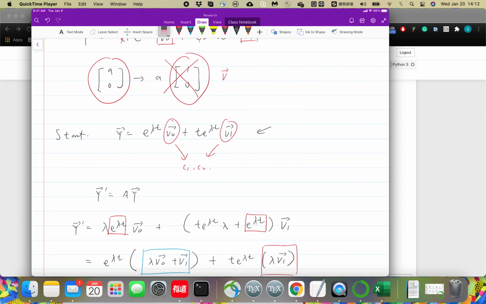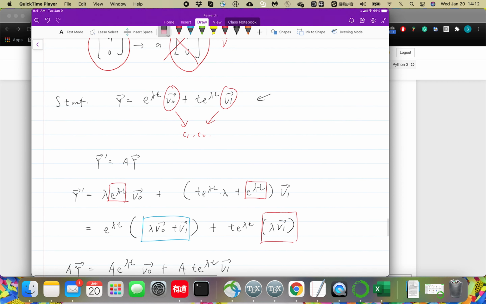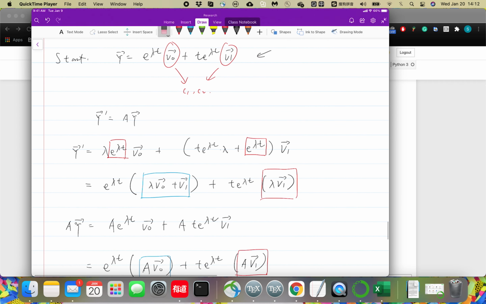We write everything as e^(lambda t) plus t e^(lambda t). There are 2 different terms. Now we just need 2 vectors to tell us what's going on. We name them v0 and v1. After that, what we did is we plug this format of y, pretending we don't know v0 and v1, into the original differential equation. Solved it.